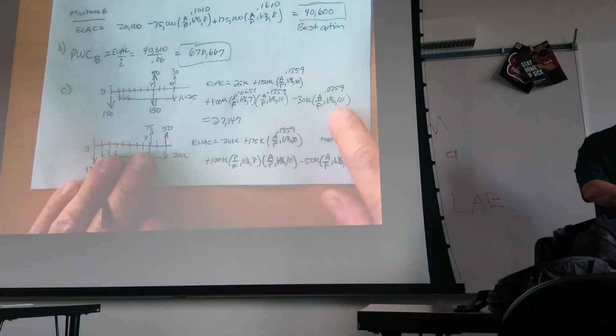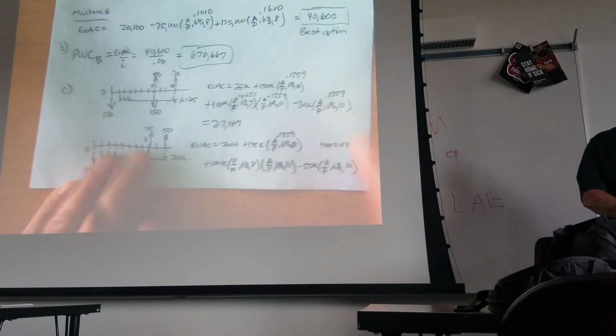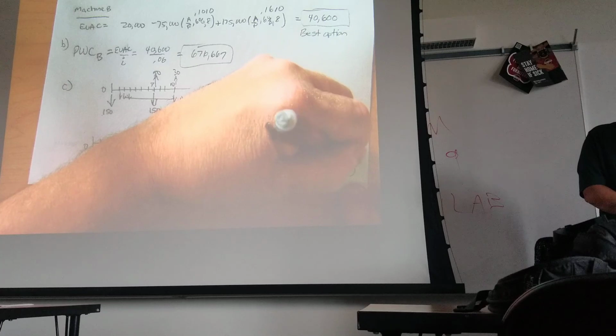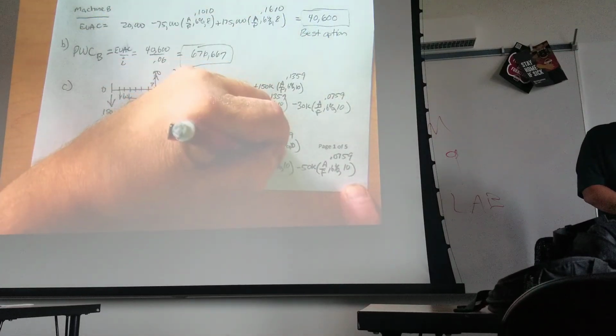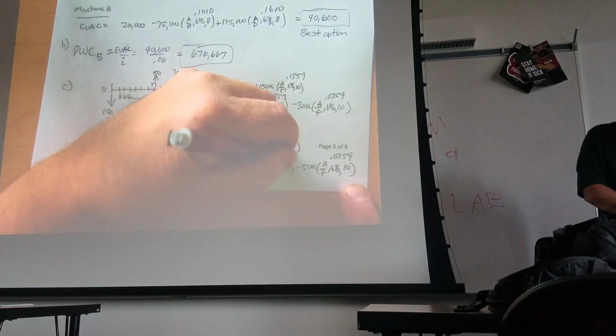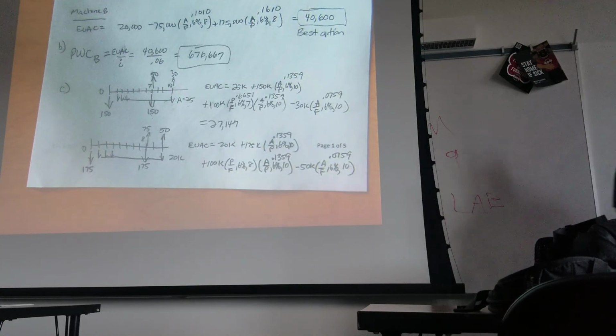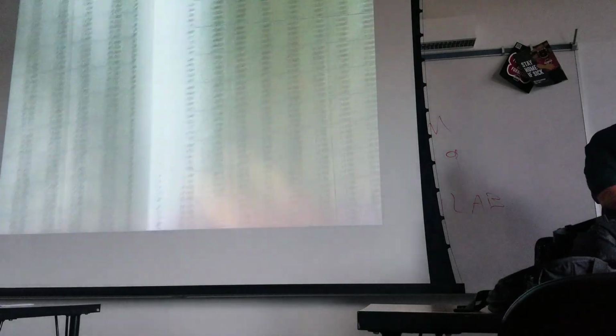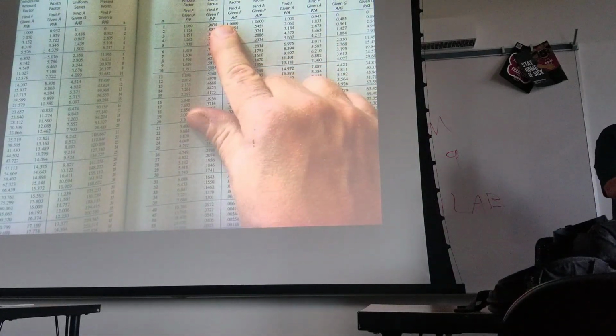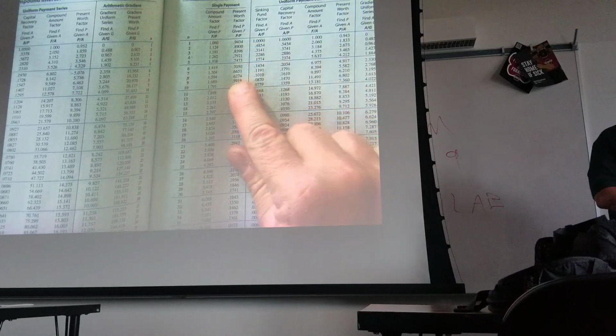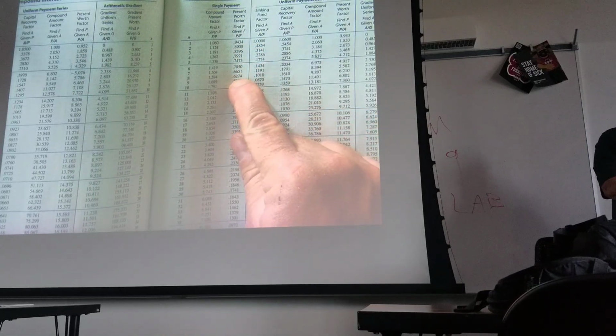Okay, we already know that one too. We looked it up. It's 0759. So we need to look up P over F 6% 8. P over F 8 is 6274.